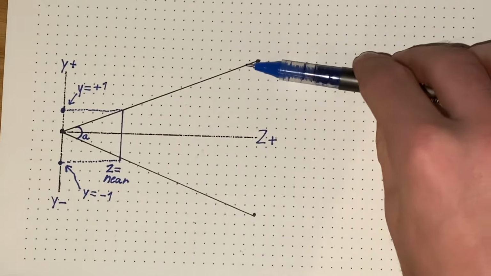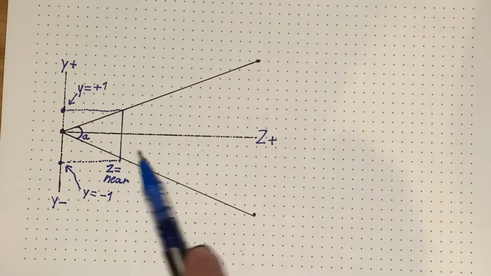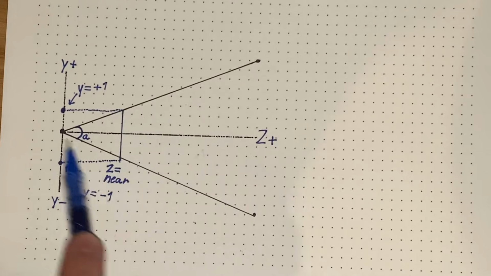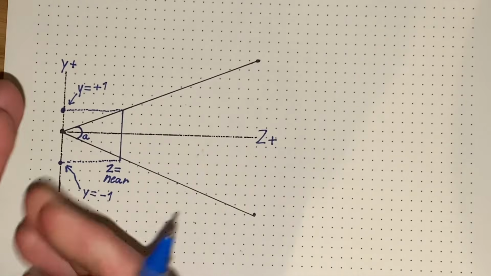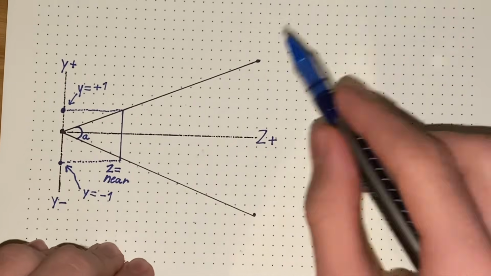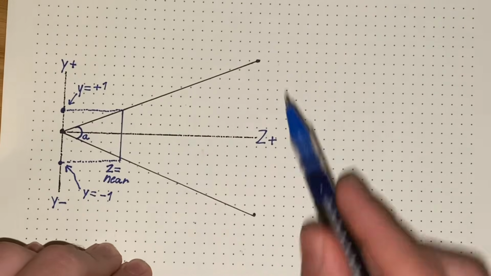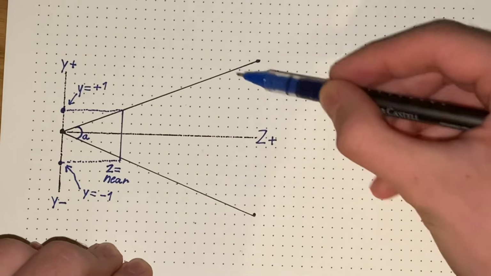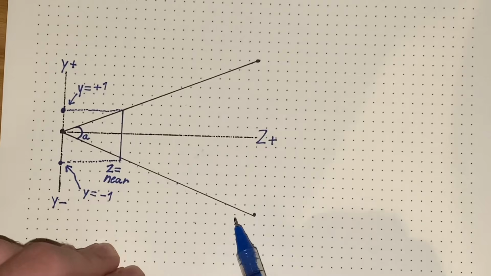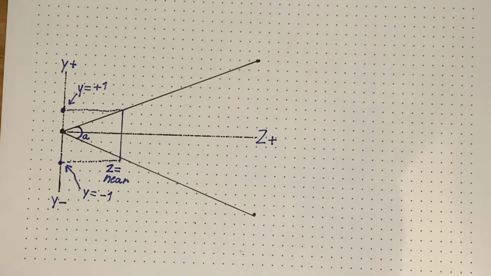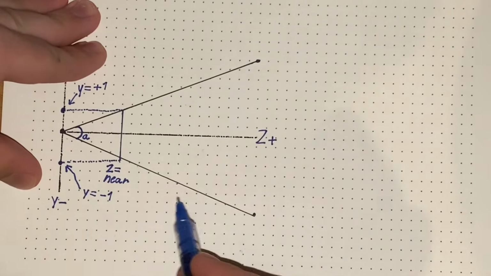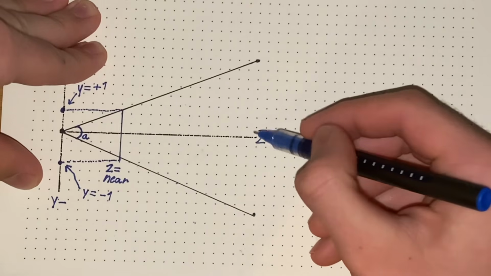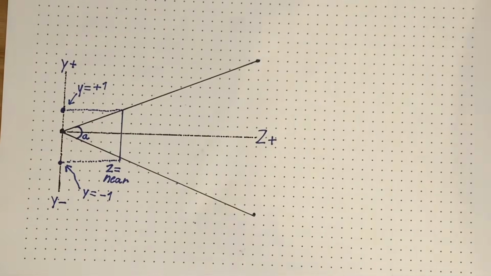And that works with how these lines are drawn. So if you remember from the pyramid, how when things are further away, you can see more stuff. And that's what these lines represent. So that's also called the field of view. So these lines are the field of view. And as you get further away, you see more stuff.